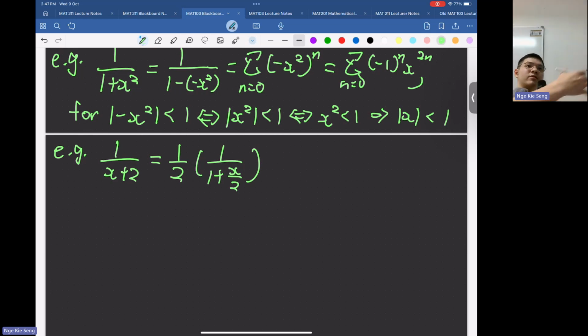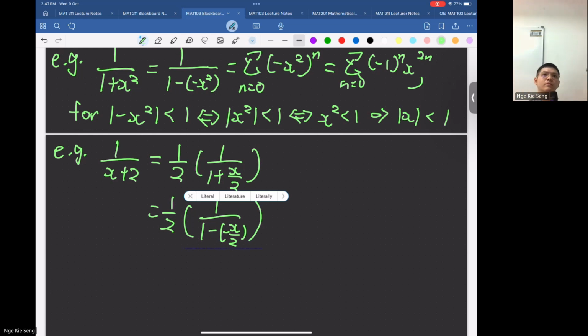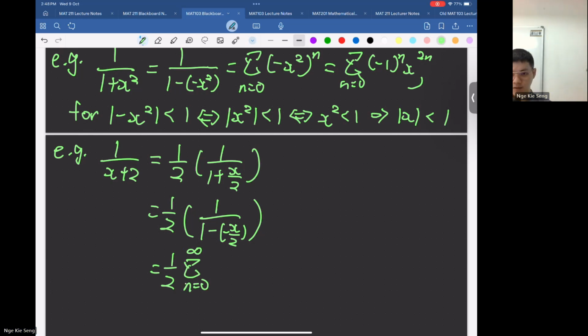Then we somehow go back to a similar case as just now, where we do a substitution of minus x over 2. So we will do a similar thing like just now. We take the power series of the geometric series, and we substitute minus x over 2 to the power n. But remember, whenever we do this, what's the main thing we need to take care of? This equality is only true for what case?